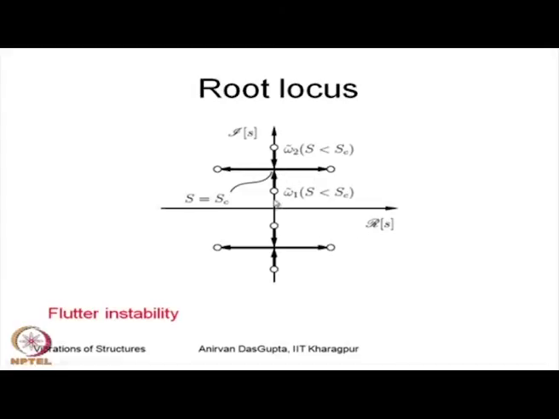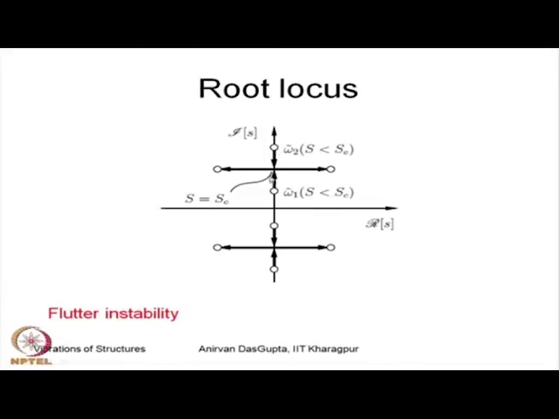When the follower force magnitude is less than the critical value, these are the distribution of the circular natural frequencies, plus or minus i omega 1 and plus or minus i omega 2.